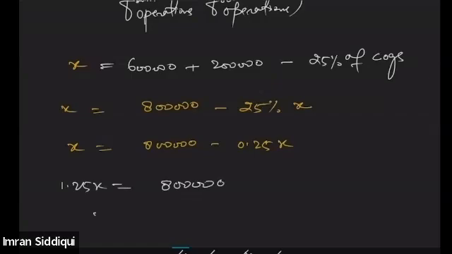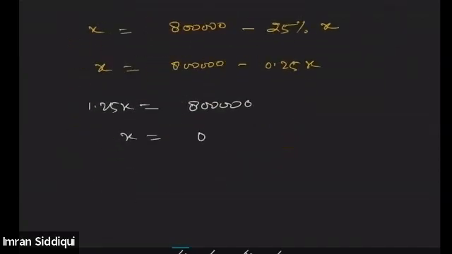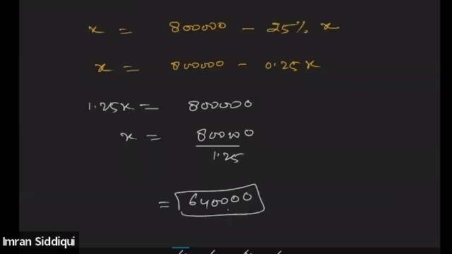To find out the value of X, 8 lakh can be divided by 1.25. So this will be 6,40,000. Understood? Is it clear? Yes or no? So this is the value of the COGS. X is equal to COGS. Tell me if it is clear, yes or no, everyone. Yes, sir. Clear.